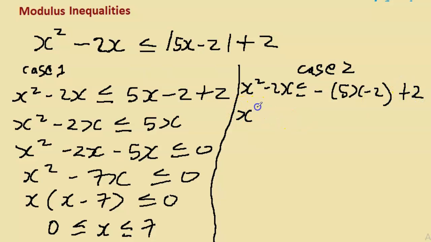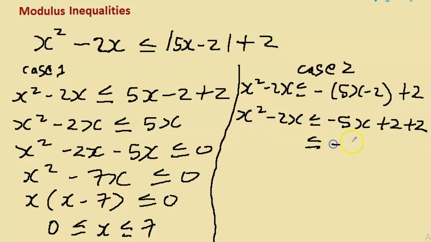So distribute the negative, plus 2, and then out here put back our plus 2. So this is 4. So over here we have minus 5x plus 4 and x squared minus 2x.